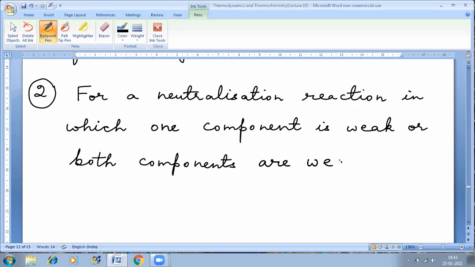What do I mean by components here? Either acid or a base. हाँ, तो बेटर इसको रिएक्टेंट कर देते हैं.